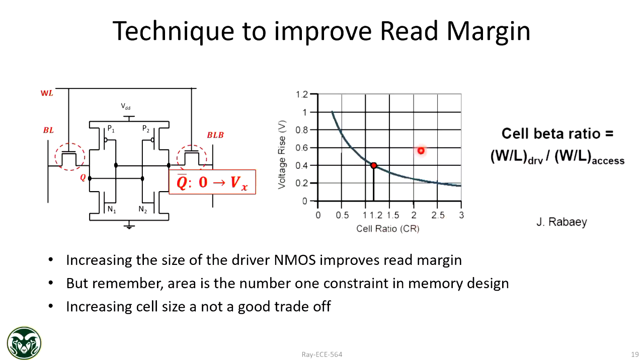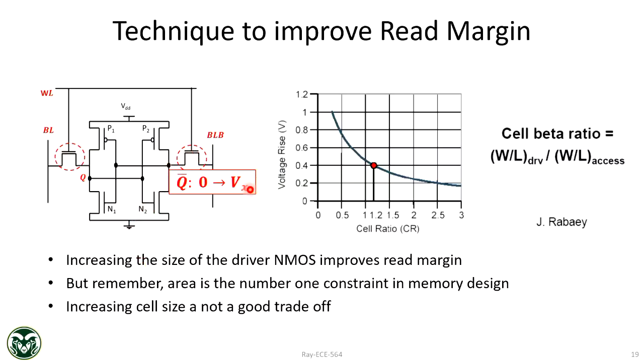So if you design the transistor with high beta ratio, like 2 or 3, where the y-axis is your voltage rise, this Vx will fall. So Vx will go down as you design this NMOS stronger and stronger, right? And that can be easily derived as well, if you plug in the equations of those transistors, you will see how to derive that number.